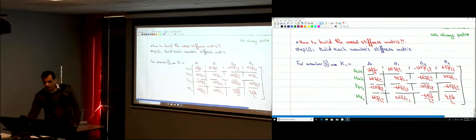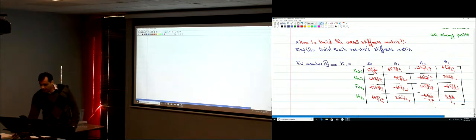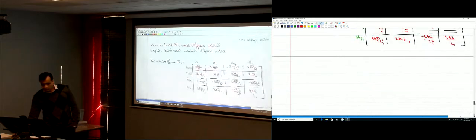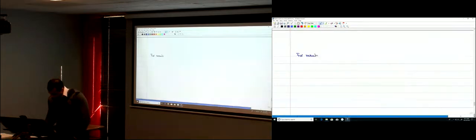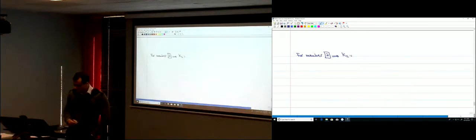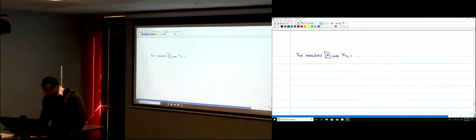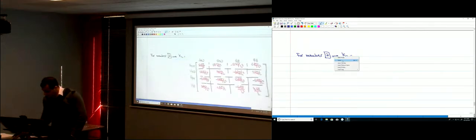Okay? And then I'm going to build the stiffness matrix for member 2. K2, this element stiffness matrix for element 2. I'm just going to paste the same matrix here.